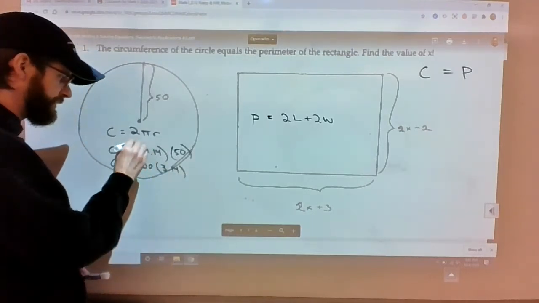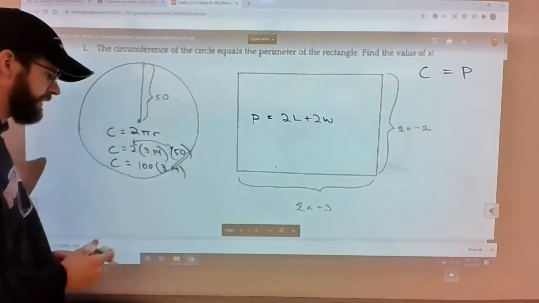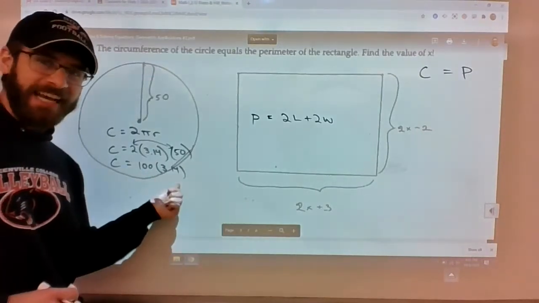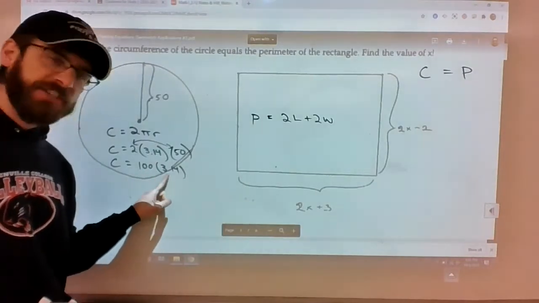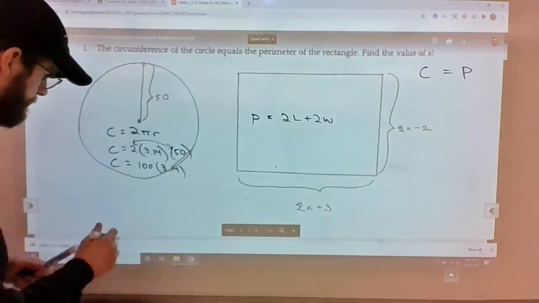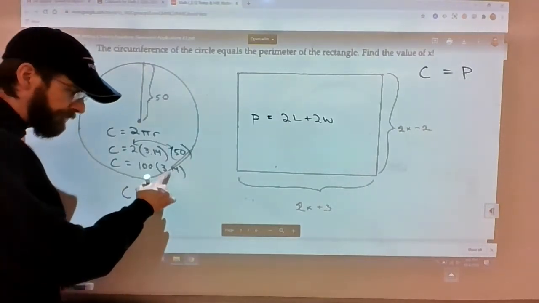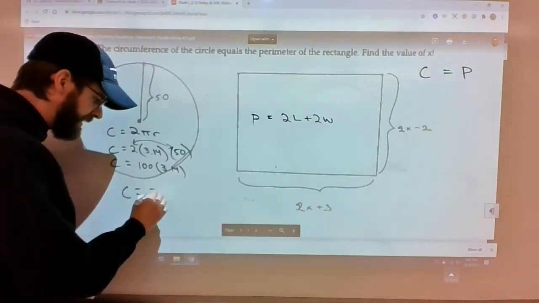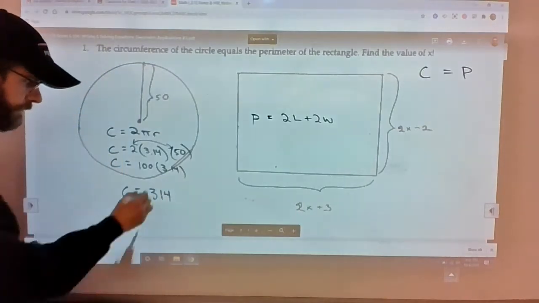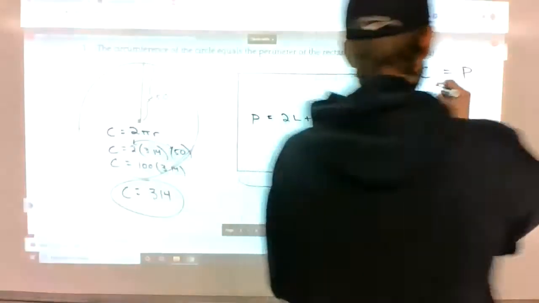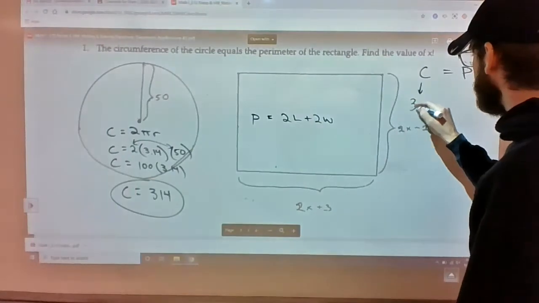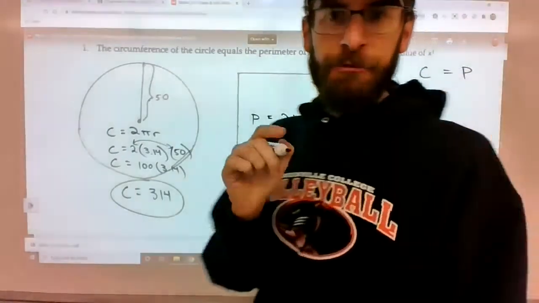So all I did was multiply these two first. And then 100 times any decimal means move the decimal place over twice. So 3.14 becomes 314. All right, so I know that the circumference is going to be exactly 314 units.